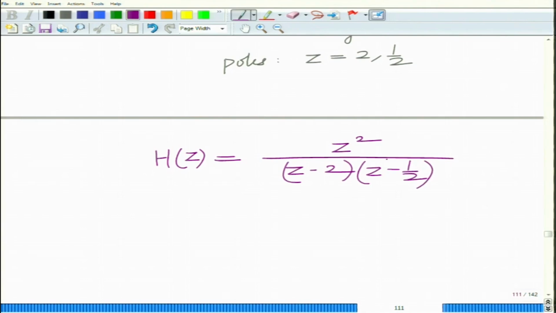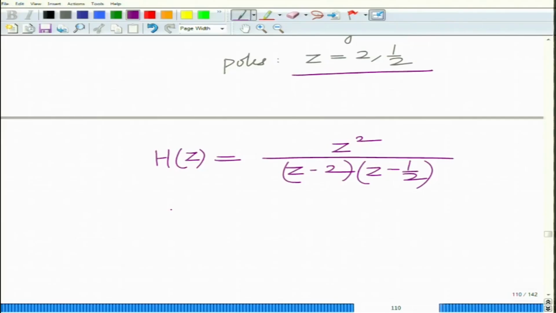So, there are two poles at z equal to 2 and z equal to half. Each pole has multiplicity 1, so these are simple poles. Okay. So, now we are going to perform the partial fraction expansion to find the inverse z transform.